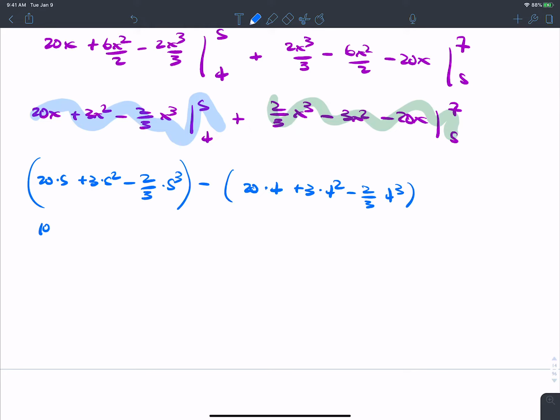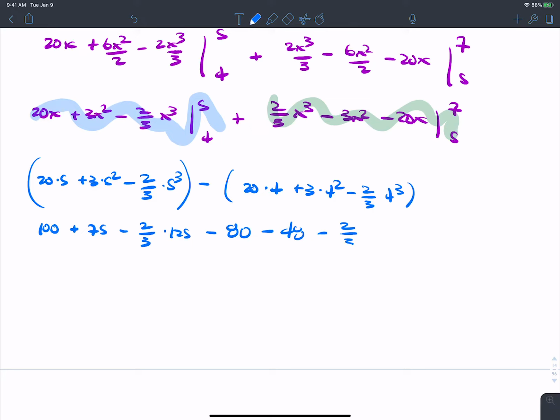Looks like we're going to get 100 plus 75, 3 times 25, minus 2/3 times 125, minus, let's distribute and compute at the same time, 80 minus 16 times 3. Is that 48?